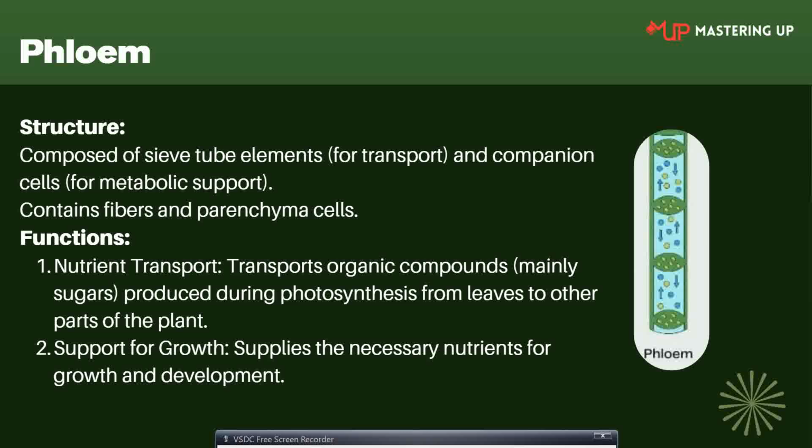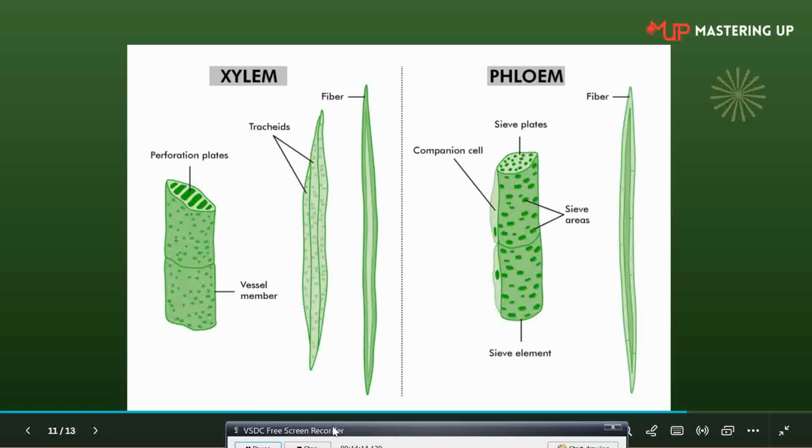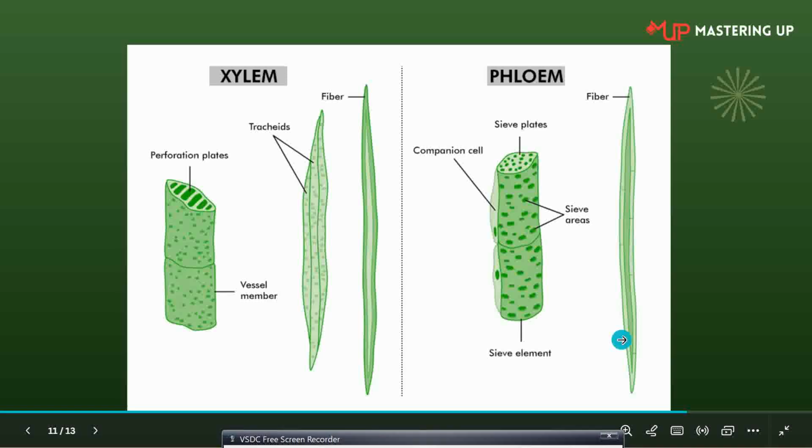Sieve tube is for transport, companion cells provide the metabolic support, and they also contain fibers and parenchyma for other support. The functions include nutrient transport and support for growth. So this is the structure of xylem and phloem, and this structure we already discussed in the previous class, and in this class also.